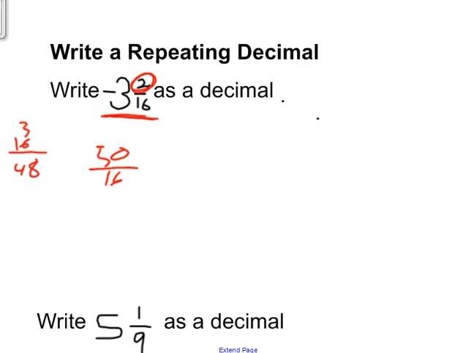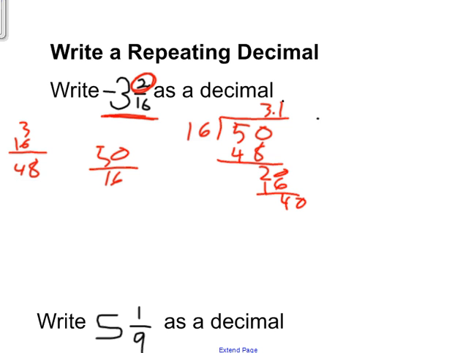Then I'm going to actually do that division. 16 will go into 50 3 times. 16 will go into 20 1 time. 16 will go into 40 2 times. 16 will go into 80 5 times. So it's 3.125, and of course it's negative because our original number was negative.